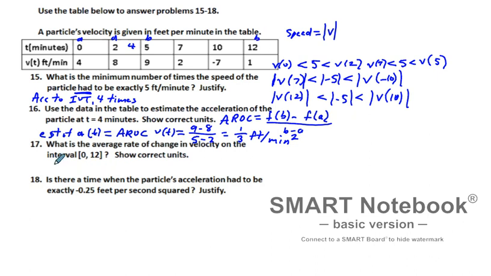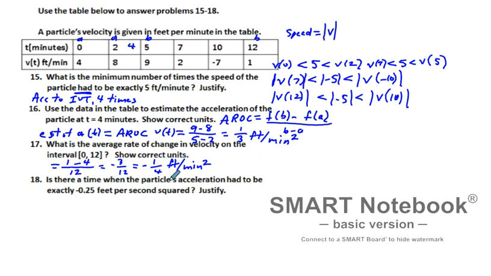So we would have 1, which is f of b, minus 4 over 12, which is going to be -3 12ths, which equals -1/4. That's going to be feet per minute squared. Okay.